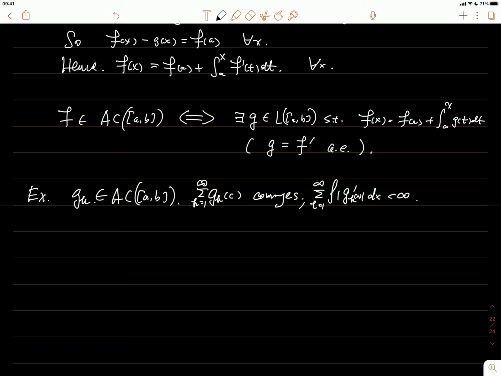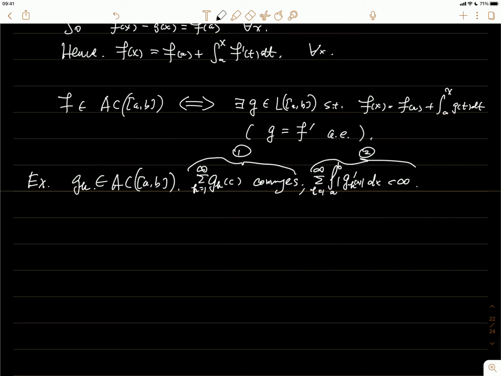One property is that the sum of g_k at c is summable at one point c. The other is that these integrals from a to b are finite. Suppose these two are true, then we can claim that the sum of g_k(x) exists for every x.